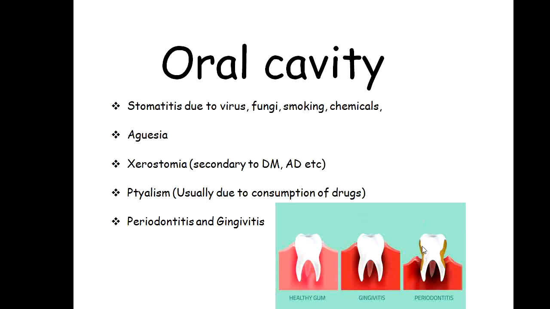There is some decay in the teeth and destruction of the tissue in periodontitis, while in gingivitis only the inflammation of the gum takes place. These also may be due to some amoeba, due to some fungi, or due to consumption of chemicals, or due to consumption of some other drugs.